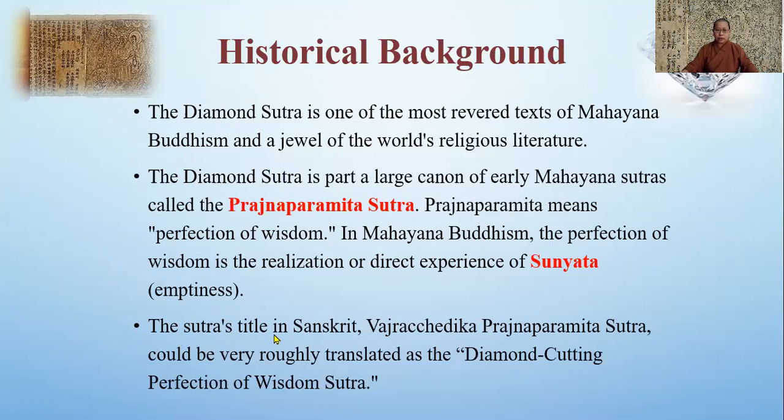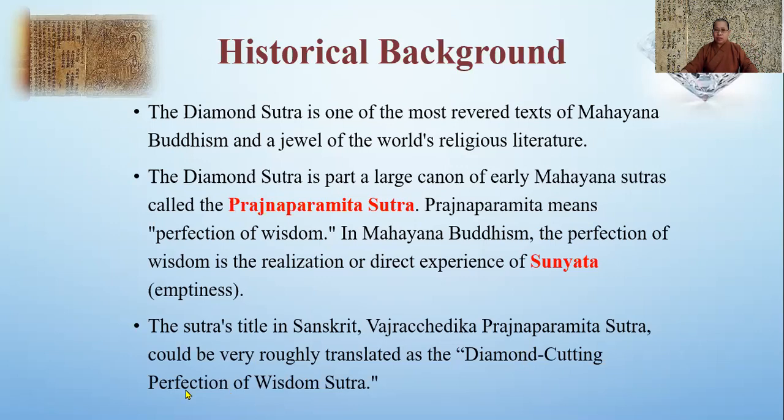The sutra's title in Sanskrit, Vajracchedika Prajna Paramita, could be very roughly translated as the Diamond Cutting Perfection of Wisdom Sutra. The diamond is a very hard thing. It can cut through a lot of things. So in order to cut through certain things, we need this tool called a diamond to cut it off.